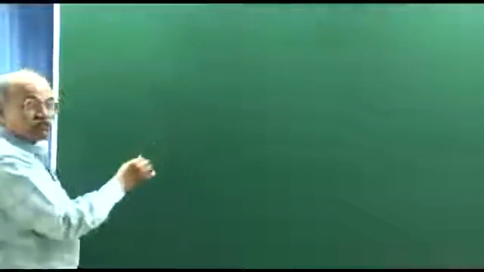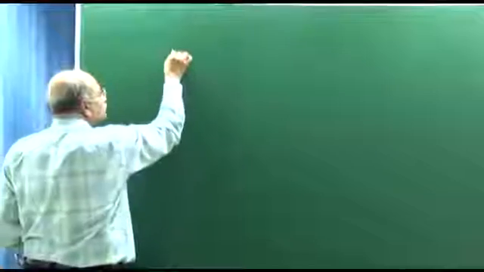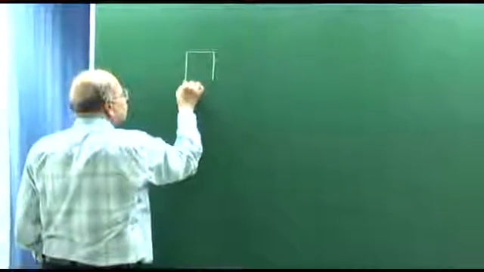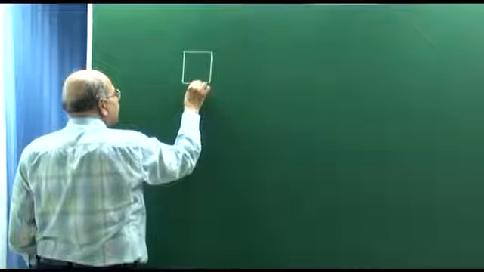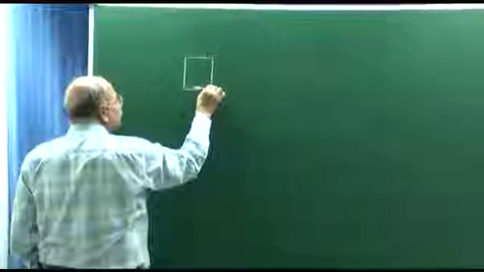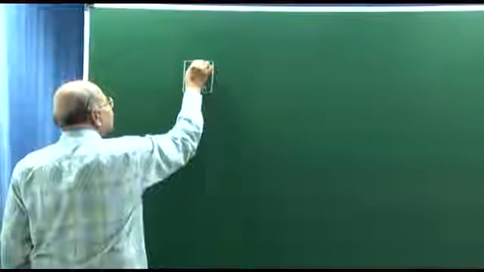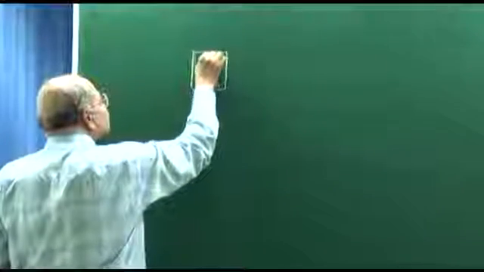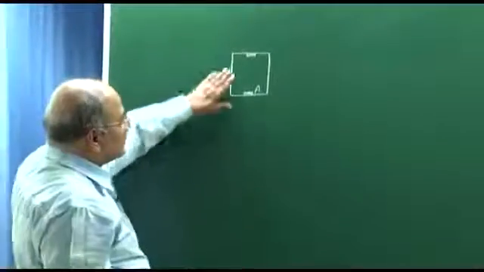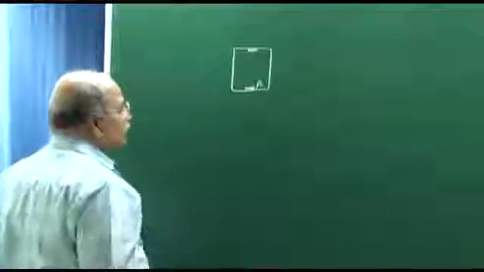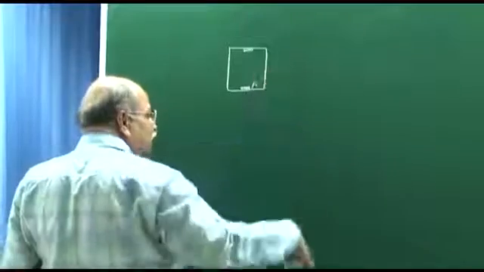So, we have this box which is our frame. In this box we have this ring magnet here, call it magnet A. I have another magnet here. To start with, everything is stationary and then the box is allowed to fall.